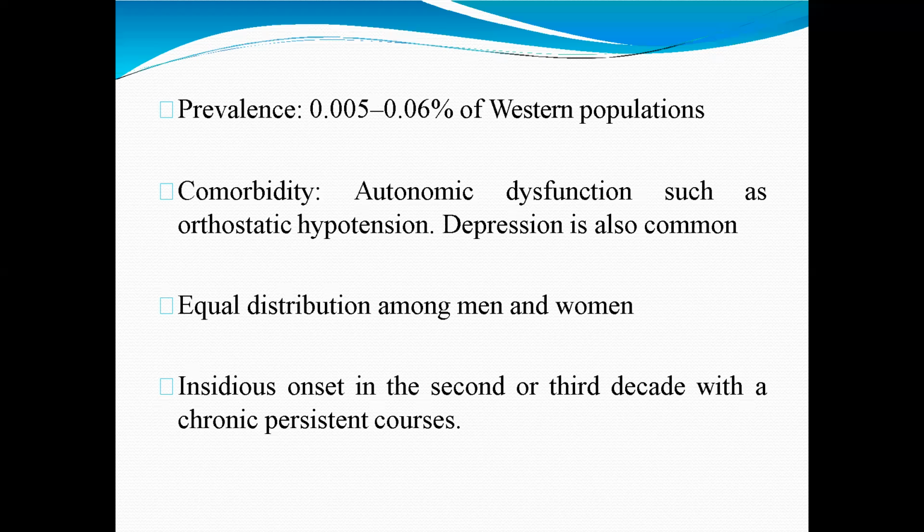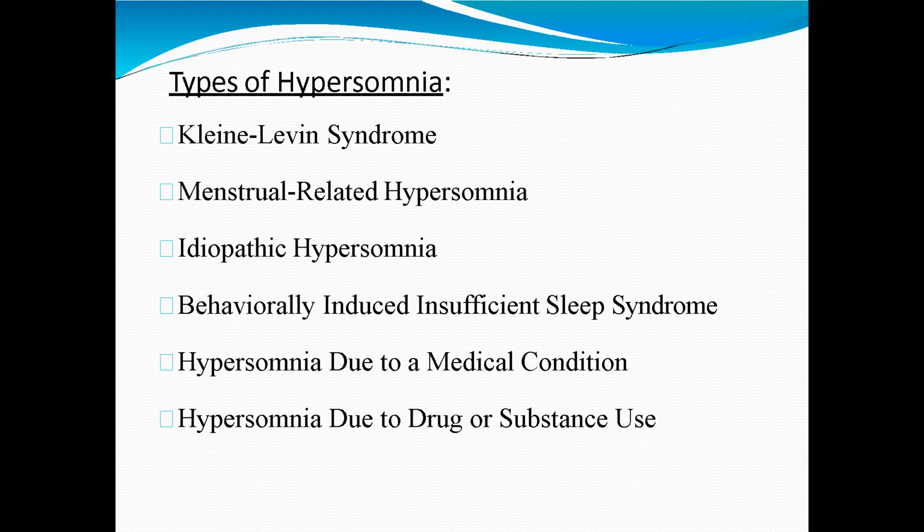There are also different types of hypersomnia, like Kleine-Levin syndrome, menstrual related, and idiopathic, where the reason is not known. Also behaviorally induced insufficient sleep syndrome and hypersomnia due to a medical condition. That's also one of the reasons for hypersomnia conditions.